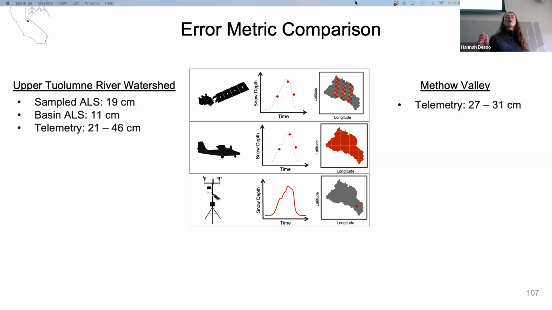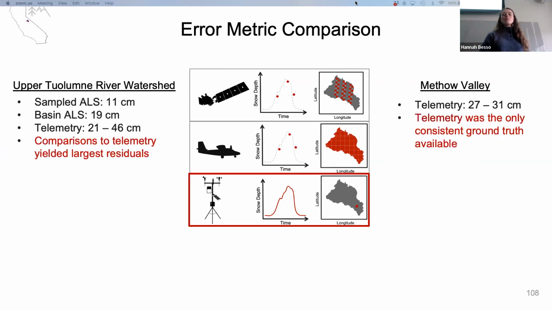And I want to point out that our biggest residuals occur when we compare to those single point locations where we're collecting weather and snow data throughout the season. And in the Methow Valley, those are the only places we were able to compare to our ICESat-2 snow depth. So that tells us that these point locations are useful, but they might not be the most representative of snow depth in the entire basin.